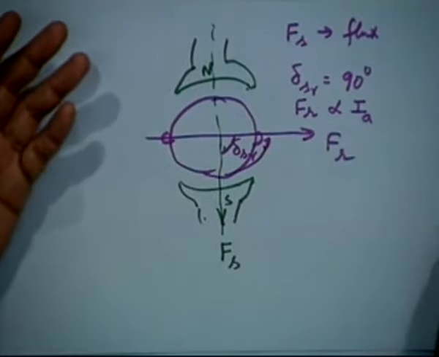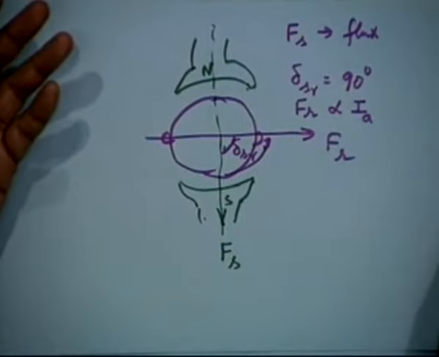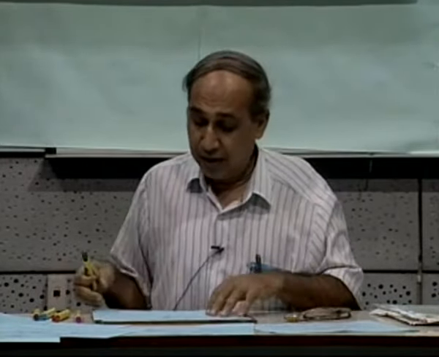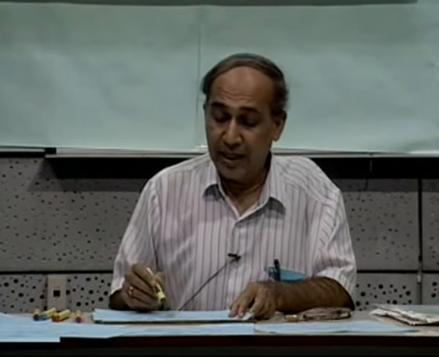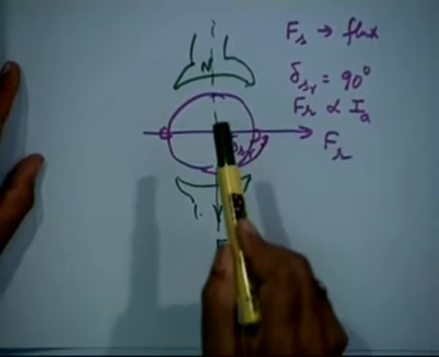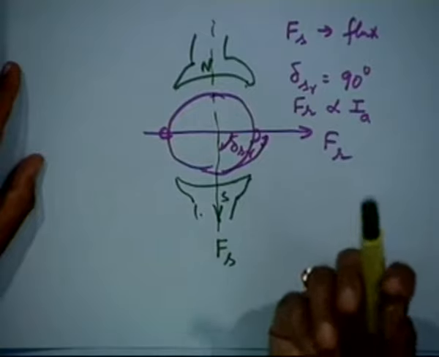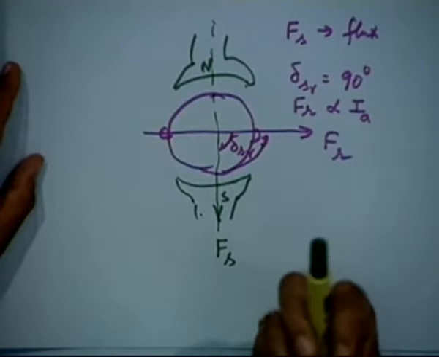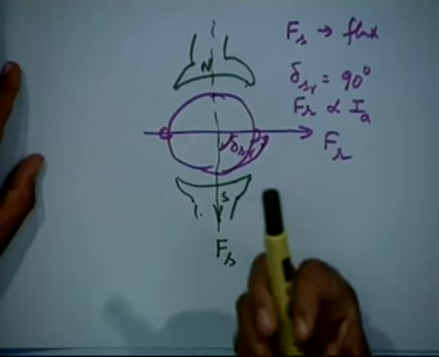You know that when the delta is 90 degrees, you get maximum power or maximum torque, right? At other angles you are not able to get that much power, which means you are underutilizing the machine. Therefore, common sense should tell us our torque expression should now be in terms of the flux and the current, because that is what you are controlling: the flux per pole and the current in the armature.